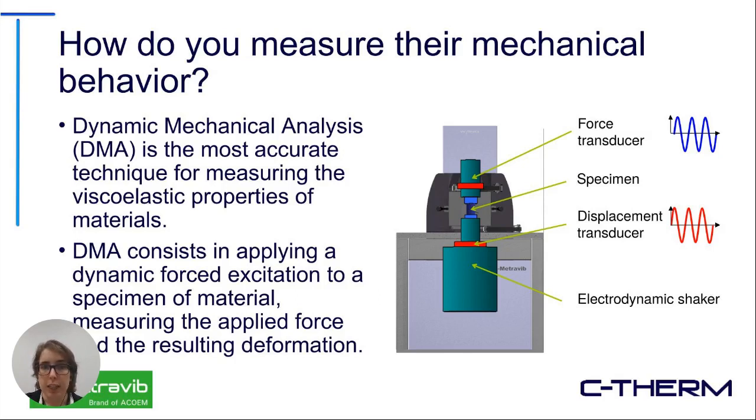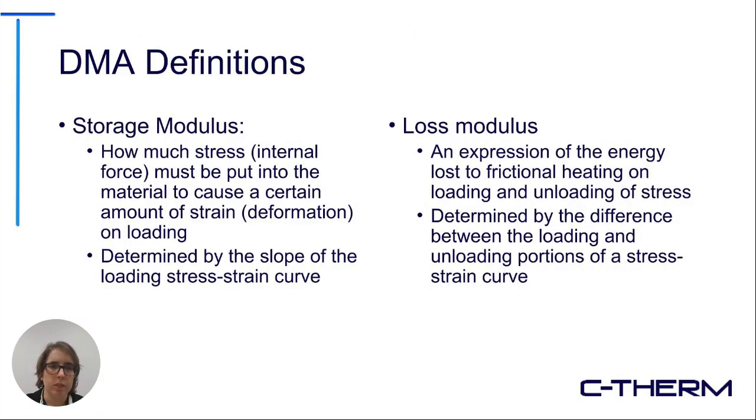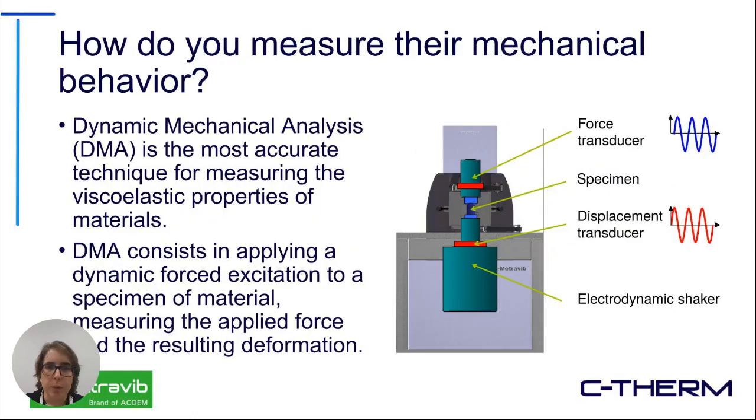DMA, or dynamic mechanical analysis, is a technique where you measure force and displacement on a polymer as you shake it or apply some sort of deforming force. If I go back to this side, you'll see the force is going to oscillate periodically, as is the displacement of the specimen.